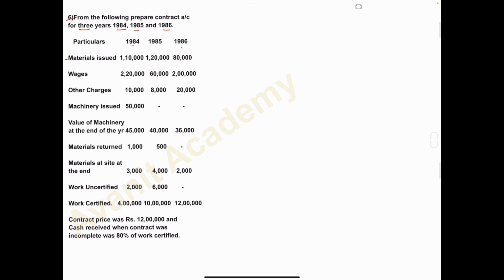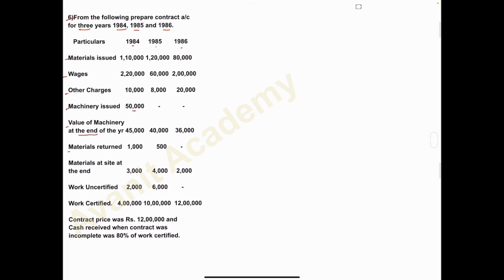Material issued, that is opening value of the material, wages, other charges, machinery issued. So machinery issued in 1984, that is 50,000. And here nil.